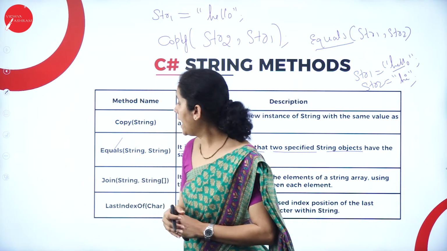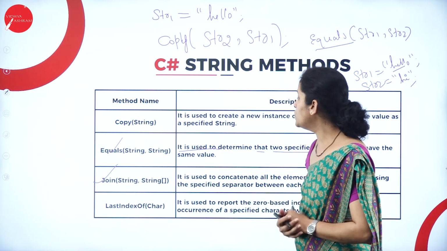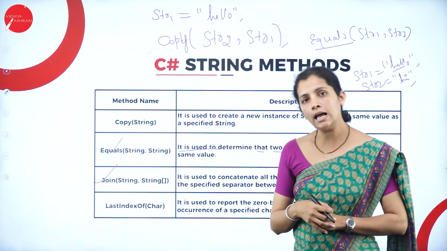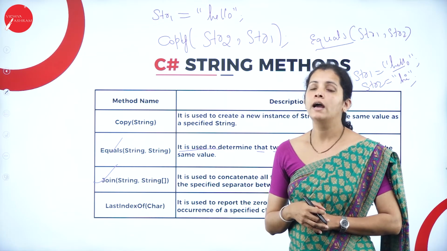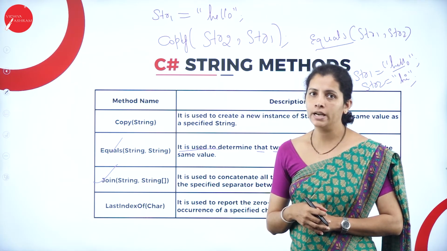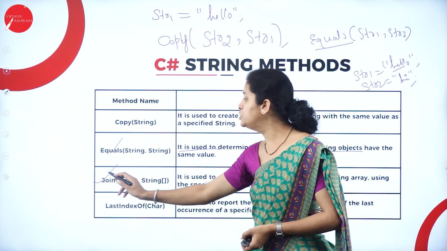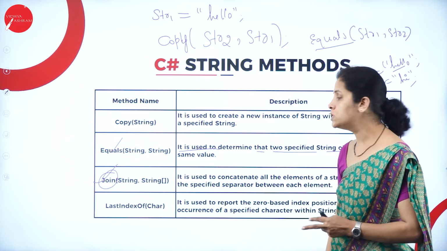Now I have another method, Join. It is used to concatenate. Suppose I want to club two strings, then I have concatenation, or I can use the plus operator. Along with that, I have another method called Join. I'm going to join strings.